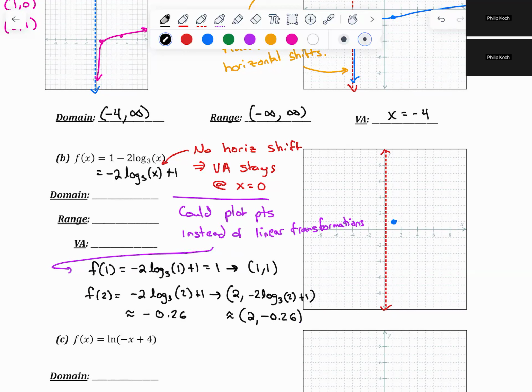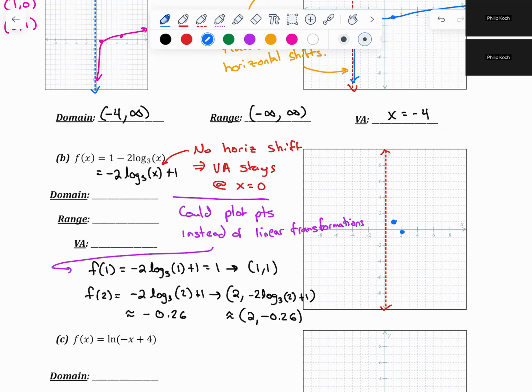I'm writing that quickly, so I'm going to slow down for a second. So we'll plot that point. 2 comma negative 0.26 is roughly about there.